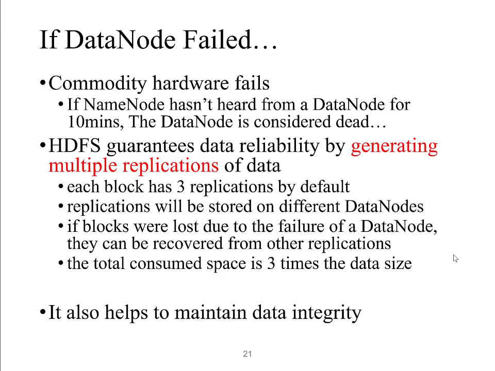A name node cannot help here. All right. So HDFS guarantees data reliability by generating multiple replications of data, or say multiple copies of data. So basically, each block has 3 replications by default. You can adjust this number, and we will also discuss why the default value is 3 later in today's lecture.